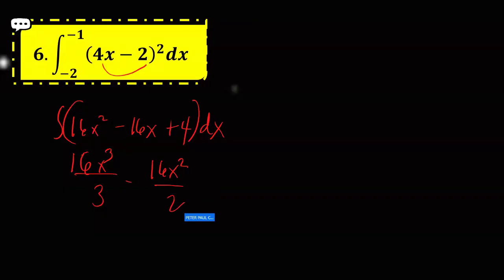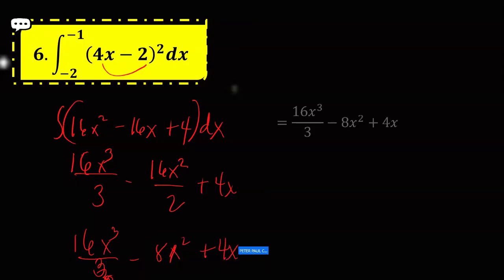And then we integrate dx. 16x cubed over 3 minus 16x squared over 3, minus 8x squared plus 4x. Okay, so that's the same.